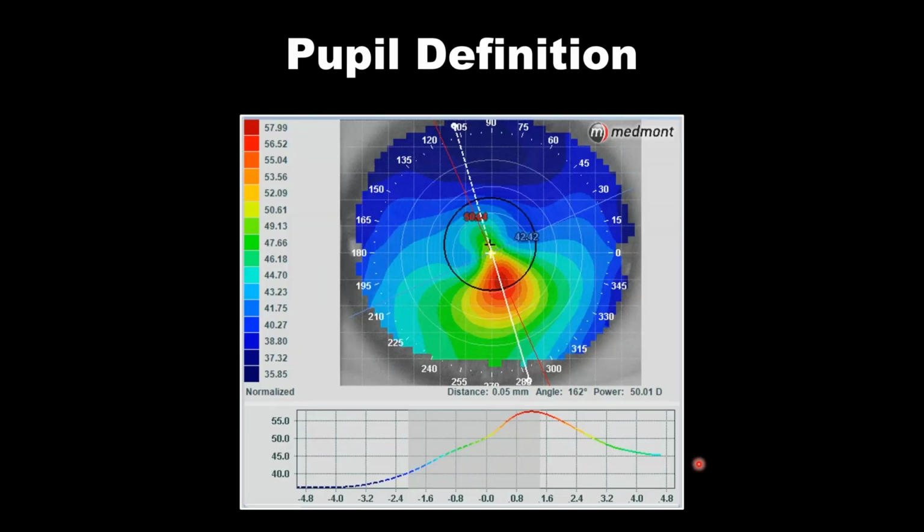So pupil size matters, and on the Medmont, what it does is it marks the pupil with this gray border here so that you can see with the graph, when you take this axis line around, what are the powers that are distributed within the pupil. In this case, we see this eye goes from approximately 58 diopters in here to somewhere in the neighborhood of 40 diopters right here.